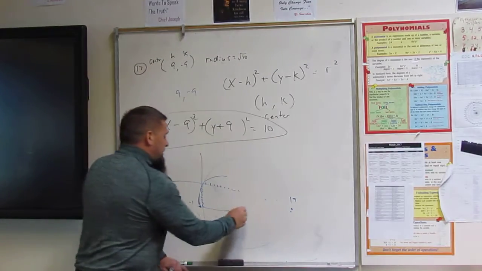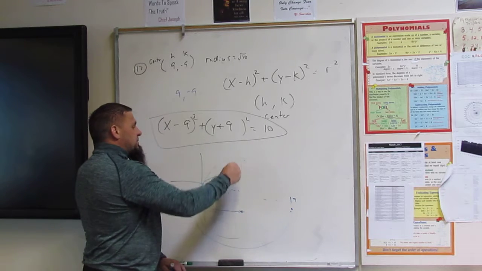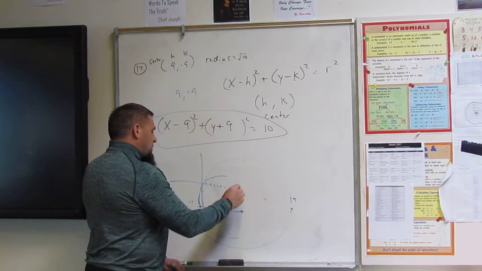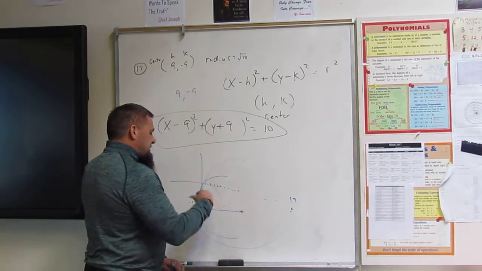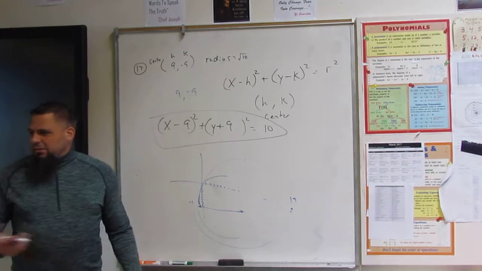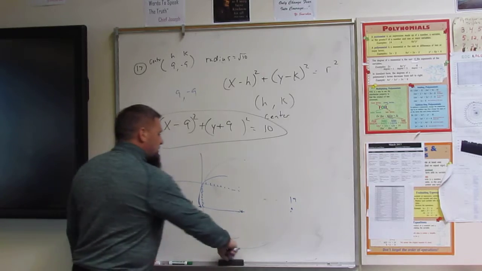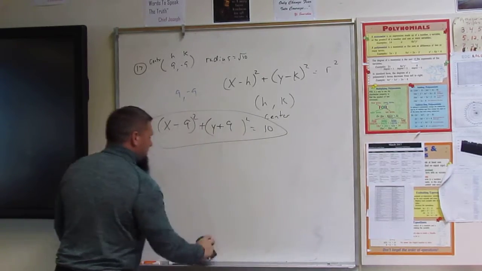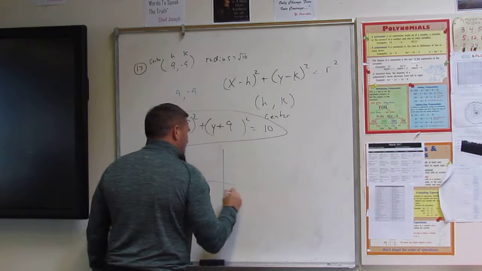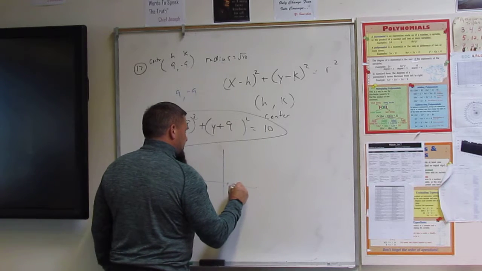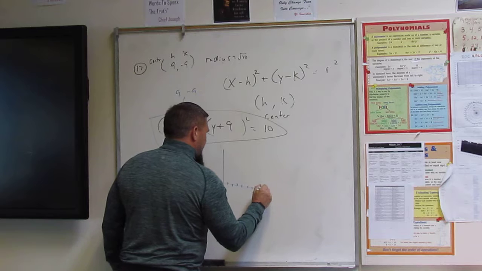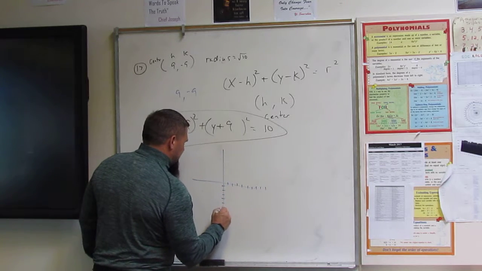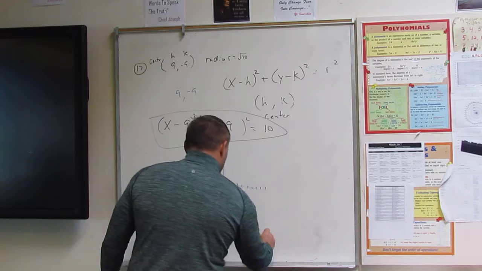Then we would know this would be 9 above this, which would be at 1. Well, this isn't very square, but you know what I'm saying. Should I do it a little better? Alright, let's make it more square. 1, 2, 3, 4, 5, 6, 7, 8, 9. 1, 2, 3, 4, 5, 6, 7, 8, 9.